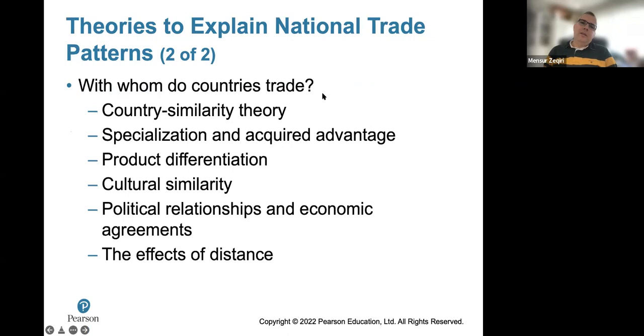On the other side, these theories can also explain with whom countries trade, and here we have particular theories. The first one is the country similarity theory. This says that companies create new products in response to market conditions in their home market, and then they turn to markets that they see as most similar.